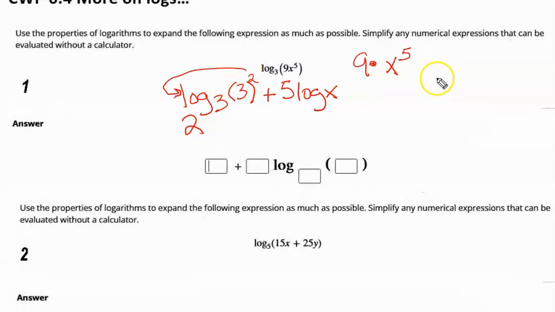And this configuration, let's look at it carefully here, because we'll see this from time to time. What did we say this configuration was equal to? A 1. So all we're left here with is a 2. And then it's going to be 5 log base, I forgot to put that there, base 3 of x. Wow.